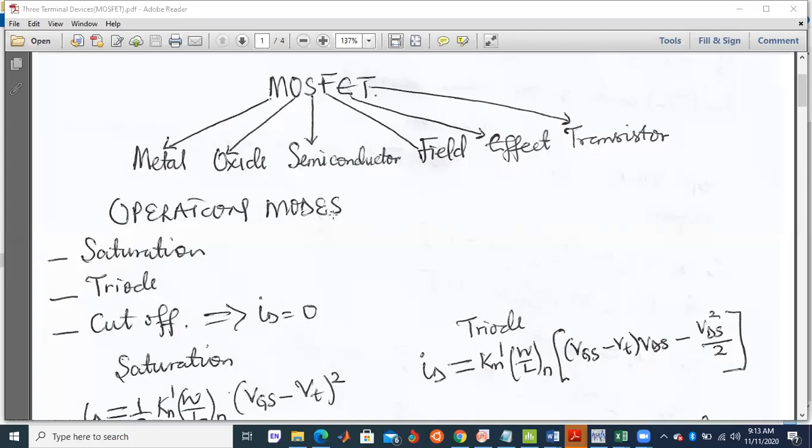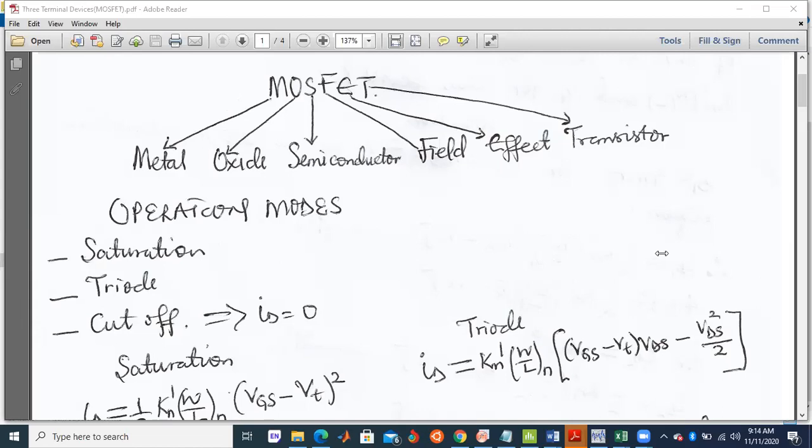We base our analysis on saturation and triode, because for the cutoff mode, we know that ID will surely equal 0. It means that there is no current flowing through the device. So you must know the exact equation to be used in a particular type of operation.